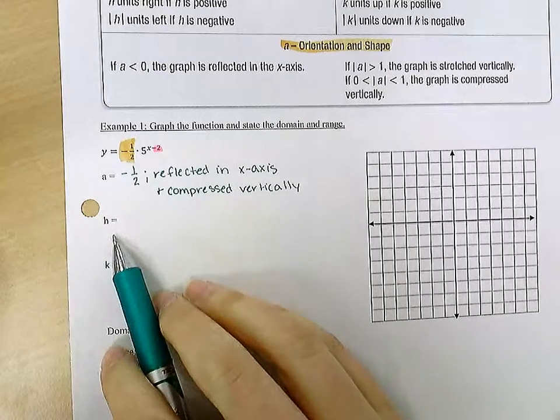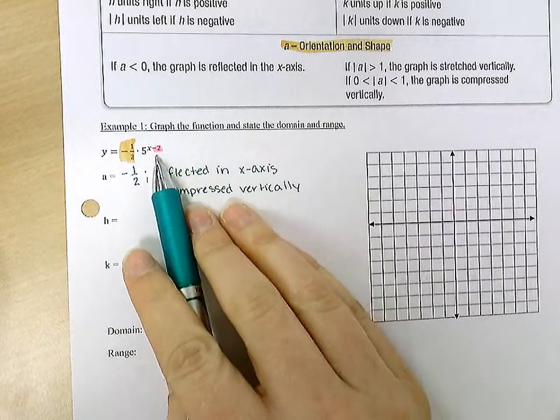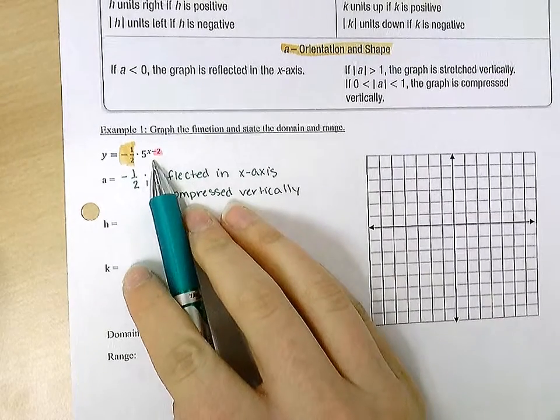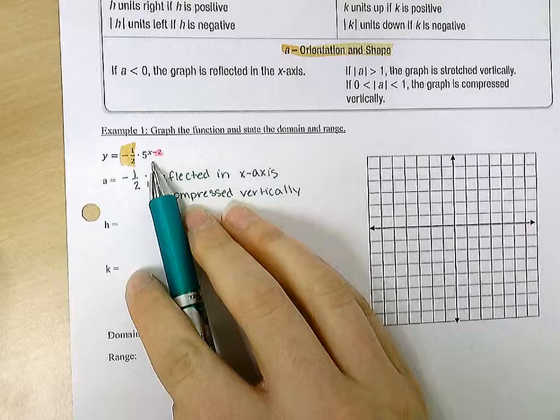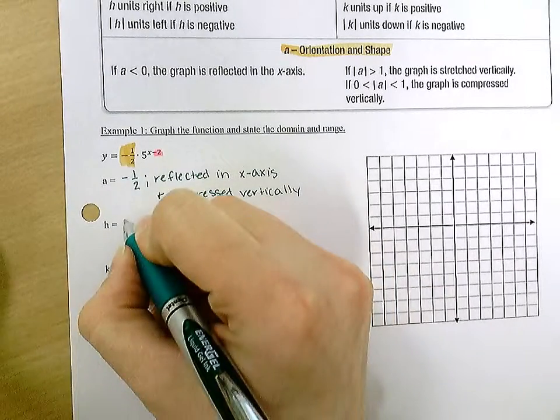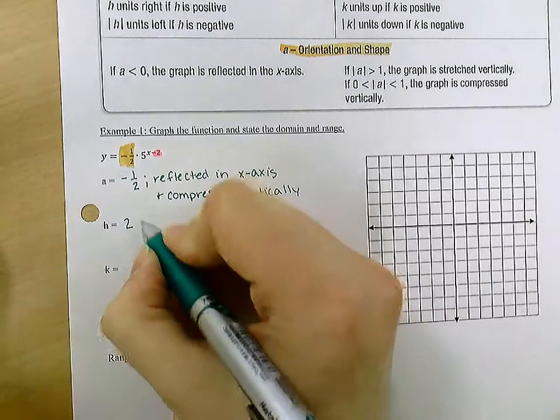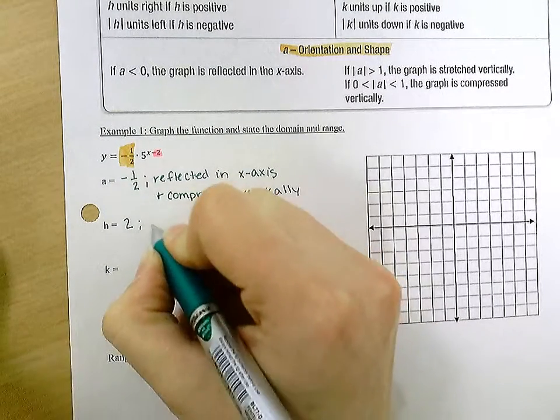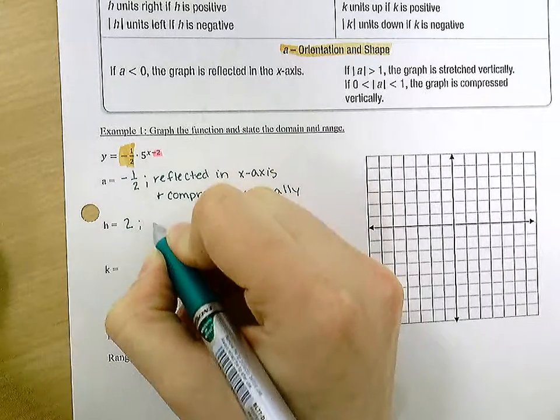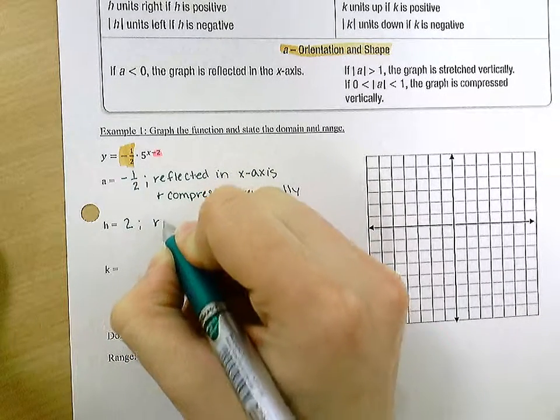Then an h value, h is right here. Our h value is going to be positive 2, not negative 2. That means we're going to move right 2 units.